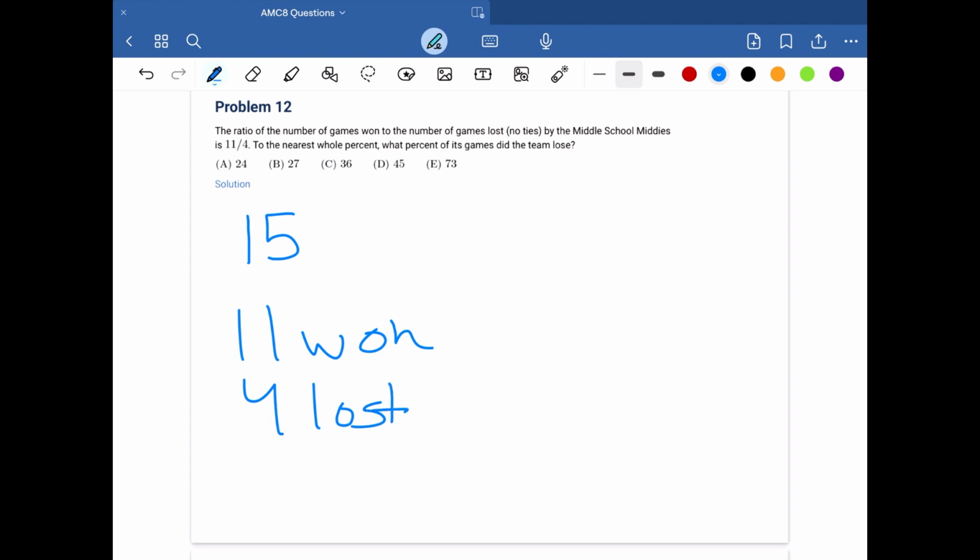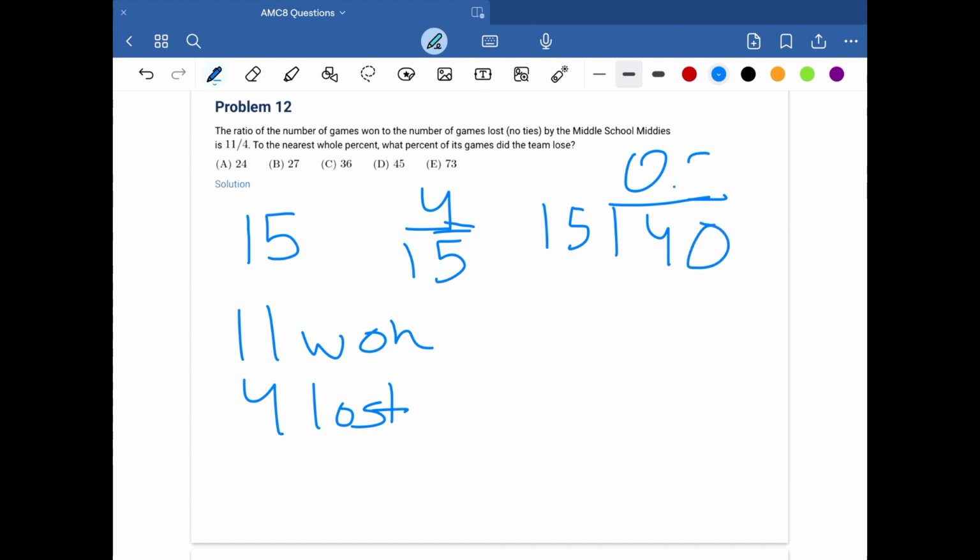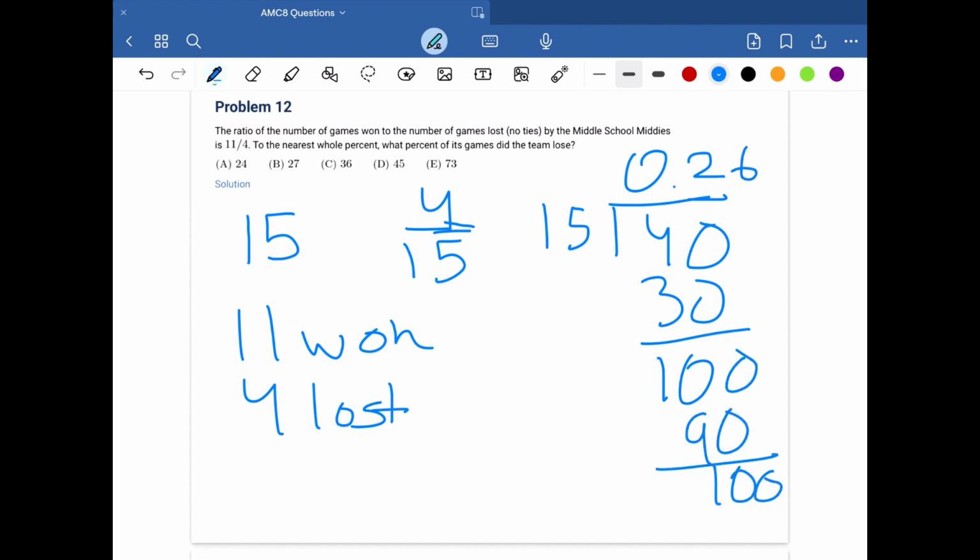So basically, they lost 4/15 of their games. And if you don't know what 4/15 would be as a decimal, then we can do long division. It'd be 4 divided by 15, which is 0.2666, and this would keep on repeating.